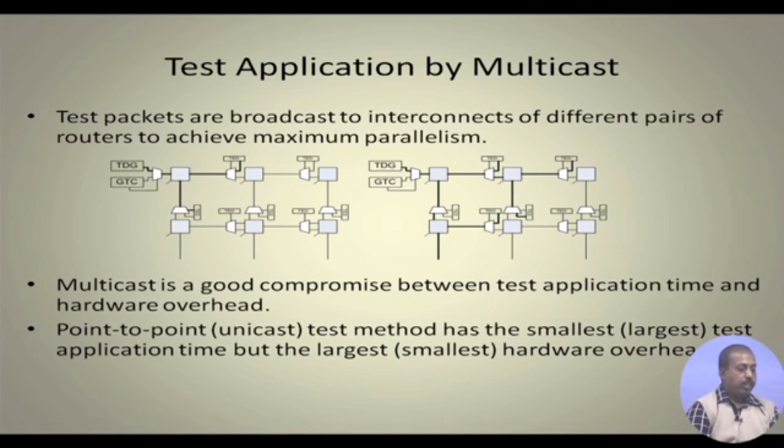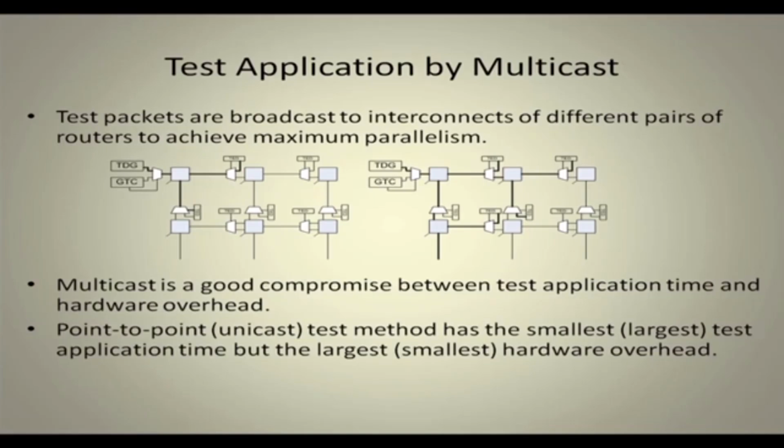The point-to-point or unicast test method has the smallest test application time but the largest hardware overhead, because in the point-to-point case we have dedicated test data generators and test error detectors. Those modules are there, so the testing is the fastest, but the hardware overhead is maximum, because so many TDGs and TEDs are required.